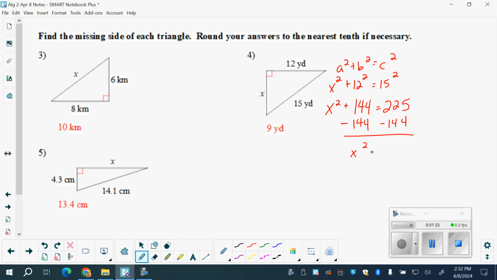Is it 81? And then what last? Square root to undo the square. And so we get 9. And that is 9 yards, because the units in this problem are yards.